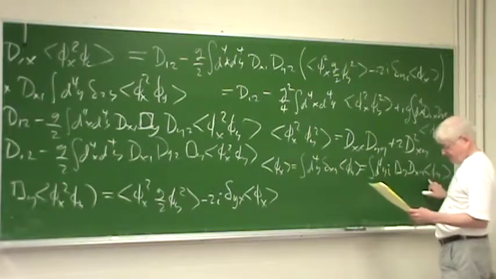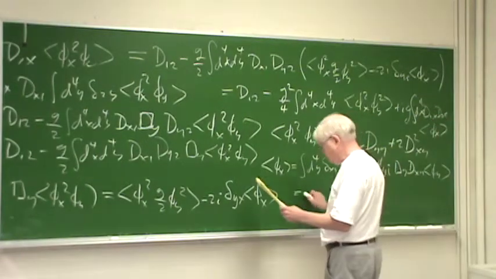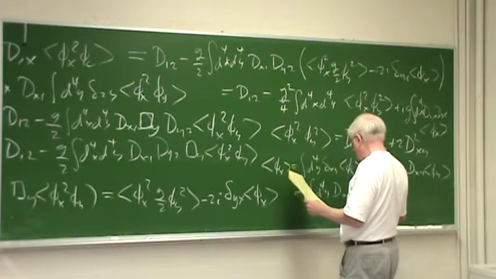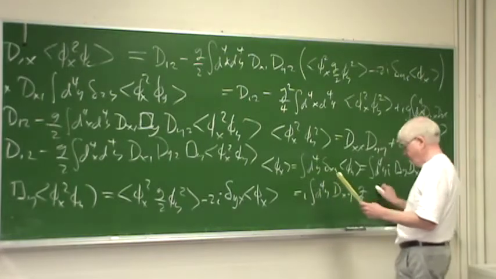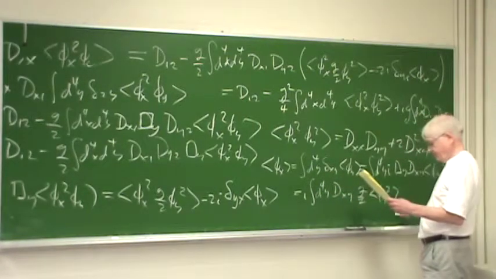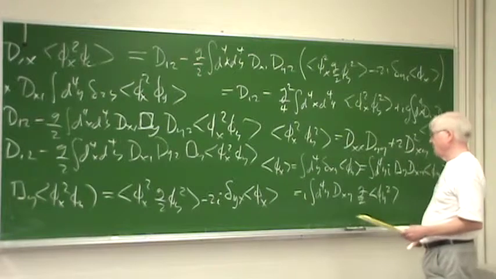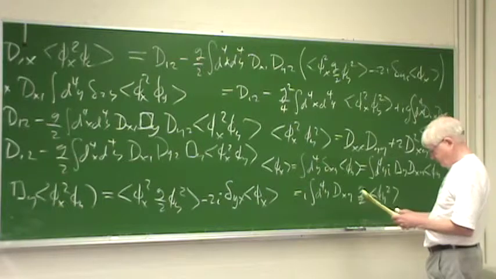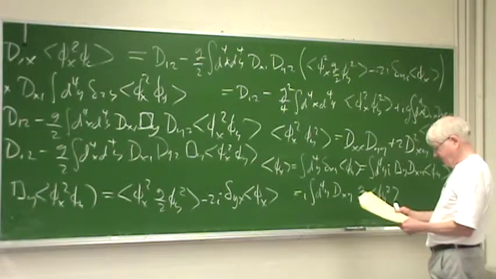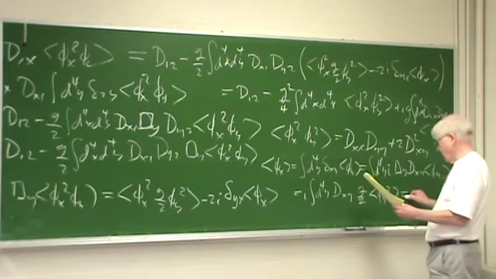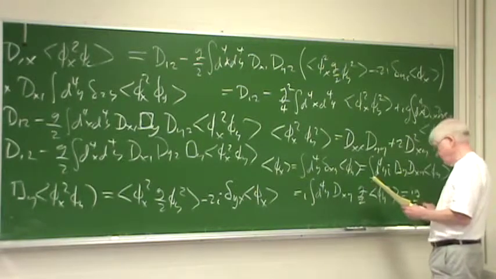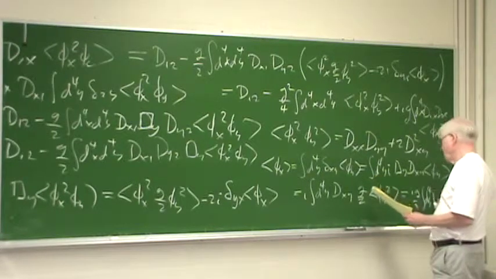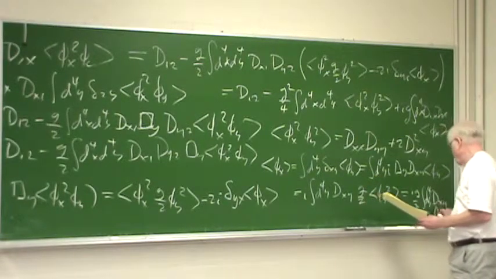We integrate the box by parts, and we get i d⁴y Dxy g over 2 φ(y)². And so that's the answer for that expression. φ(y)² is effectively Dyy. So another way of writing this is i g over 2 d⁴y Dxy Dyy.